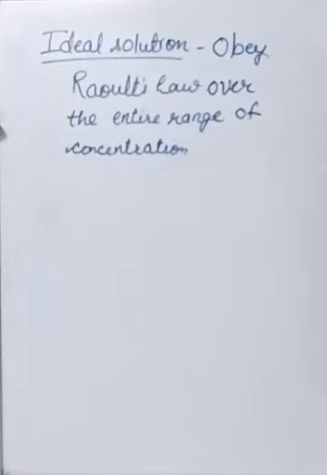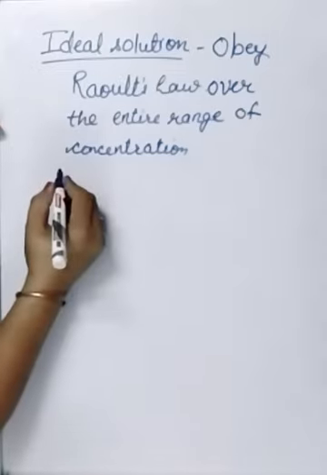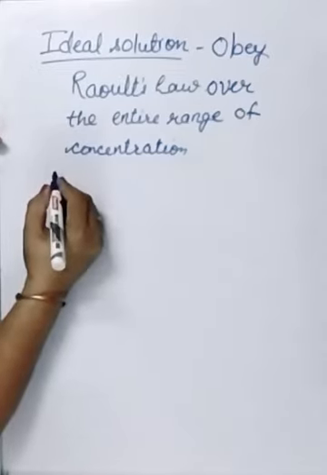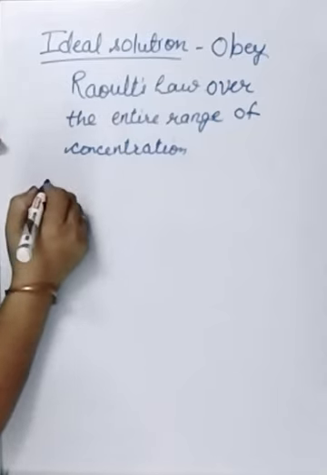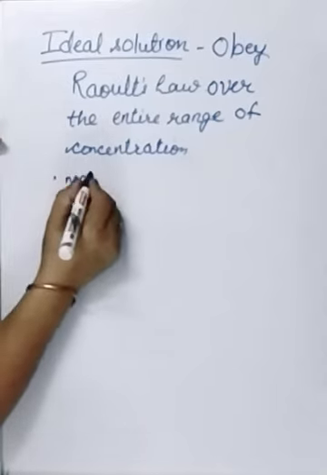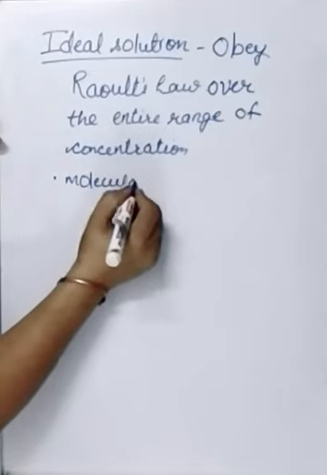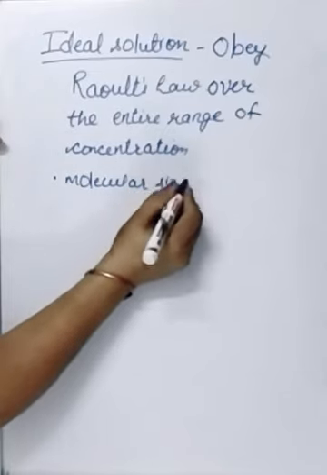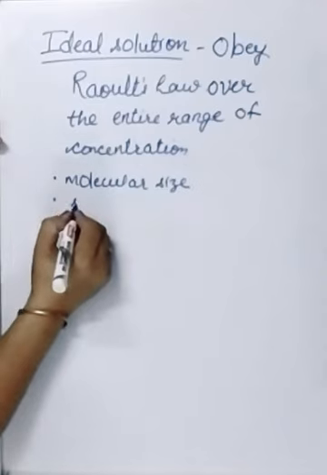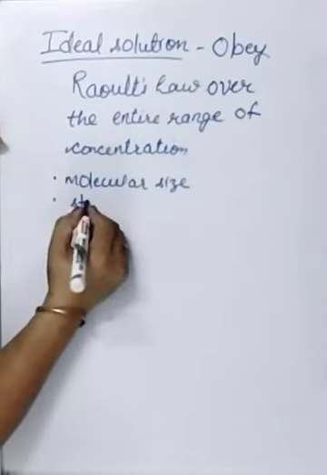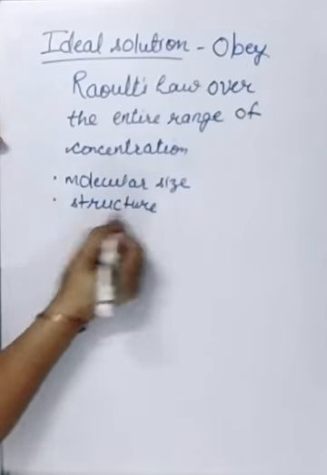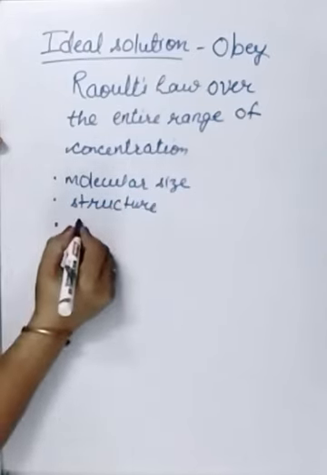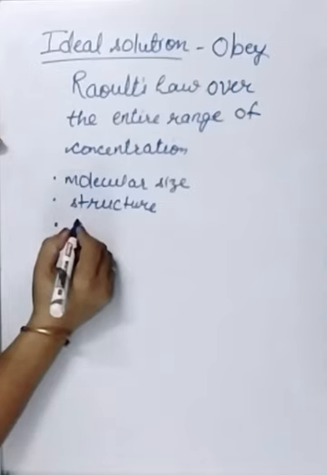Now we will see these ideal solutions are formed by mixing two components which are identical in molecular size, identical in their structures, and also the force of attraction between the particles should be of the same range.